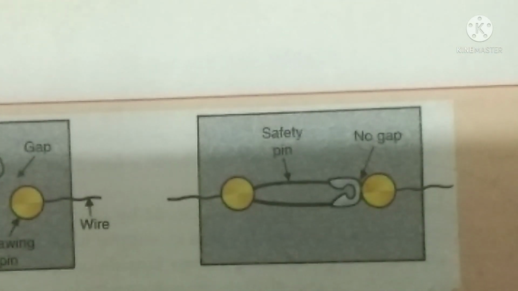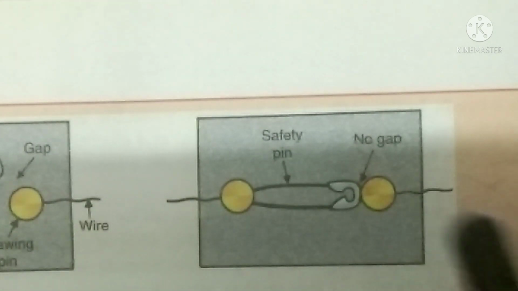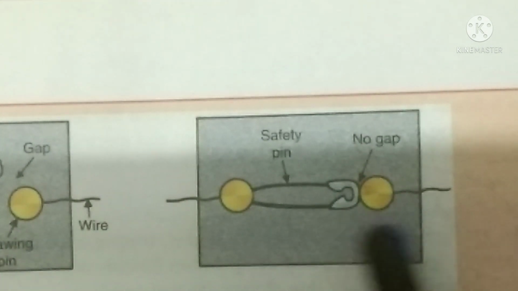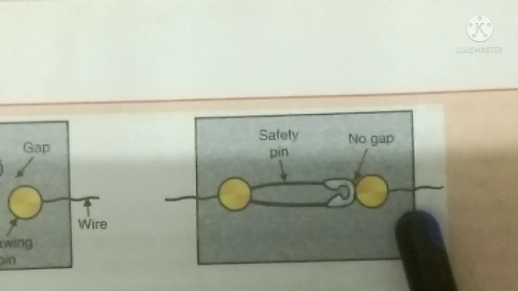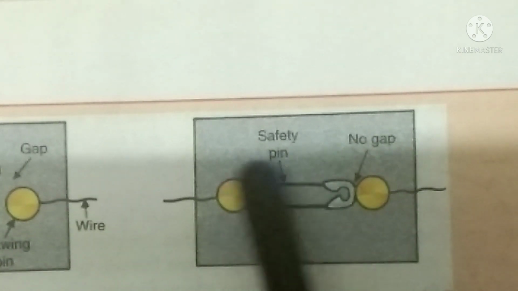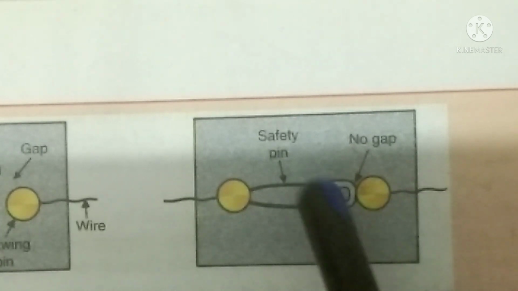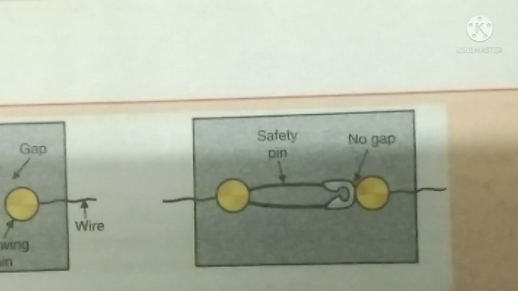See here, in this position the safety pin is touching, that means the gap is filled, it is a closed circuit, and when there is a closed circuit, there will be flow of electricity. This is a simple principle followed by a switch.